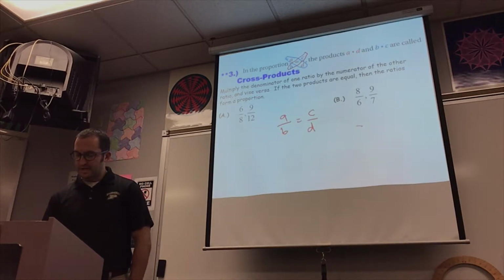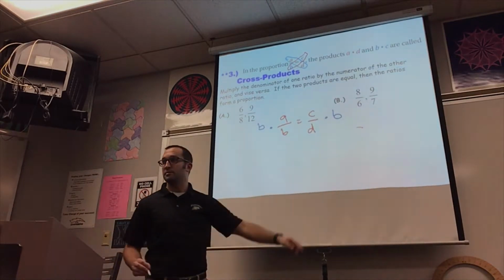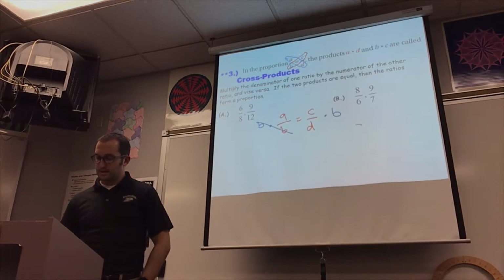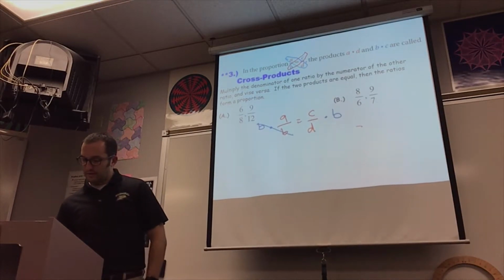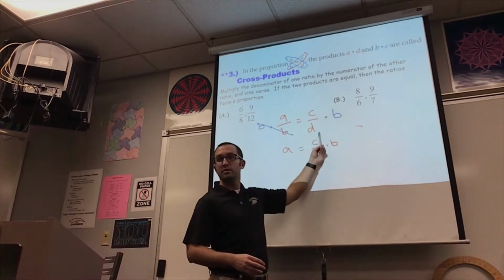When I multiply both sides by B, look what happens. What happens on the left-hand side? B will cancel. And I'm left with A equals C over D times B. With me so far?